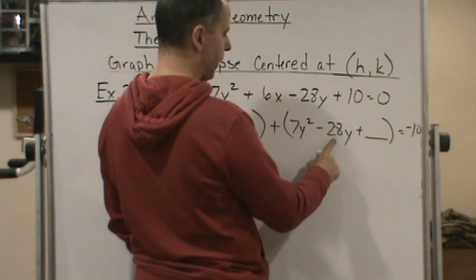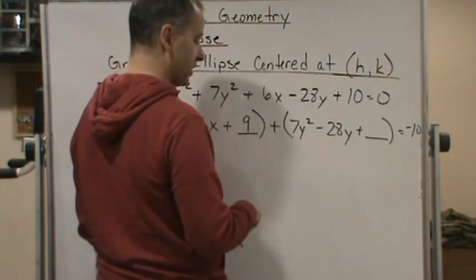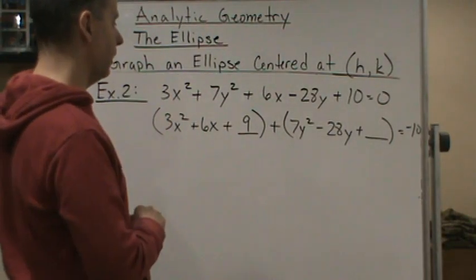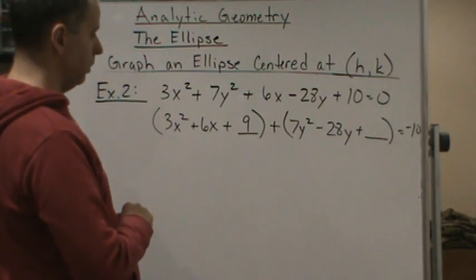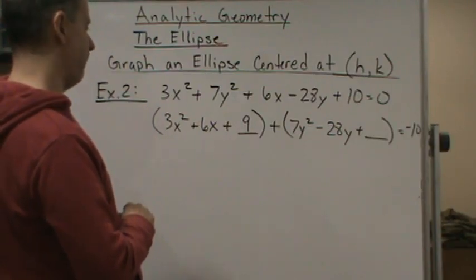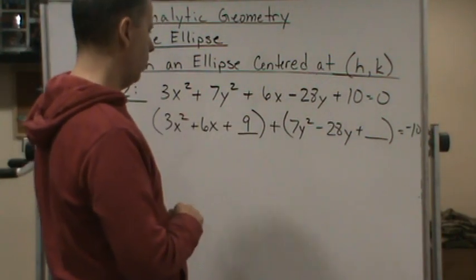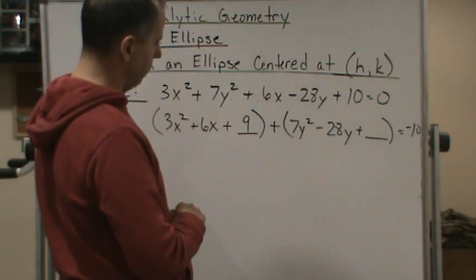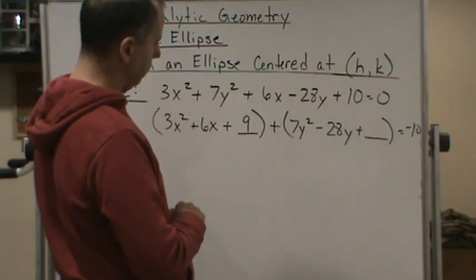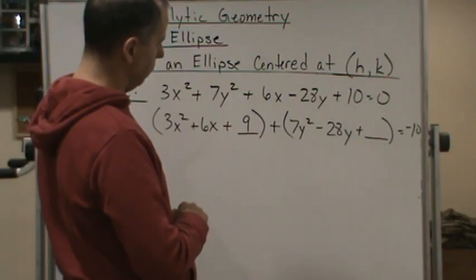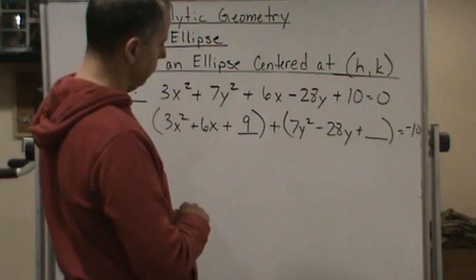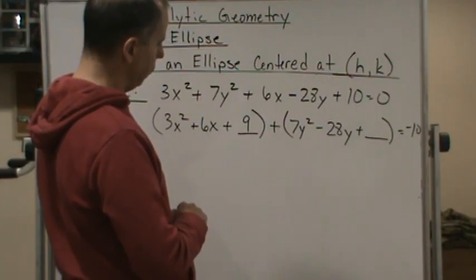Negative 28 divided by 2 is 14. 14 squared is what? 196.